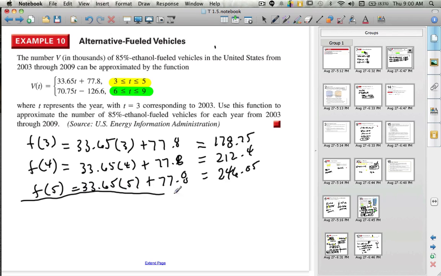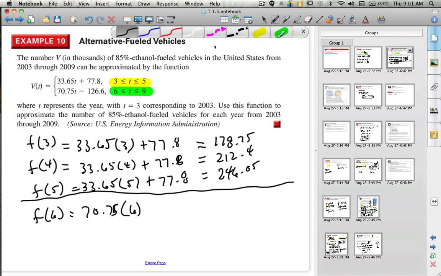Now, when I get to f of 6, I have to change functions. F of 6 is equal to 70.75 times 6 minus 126.6.